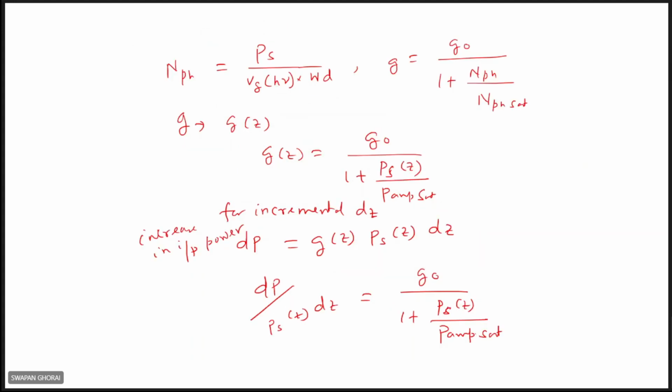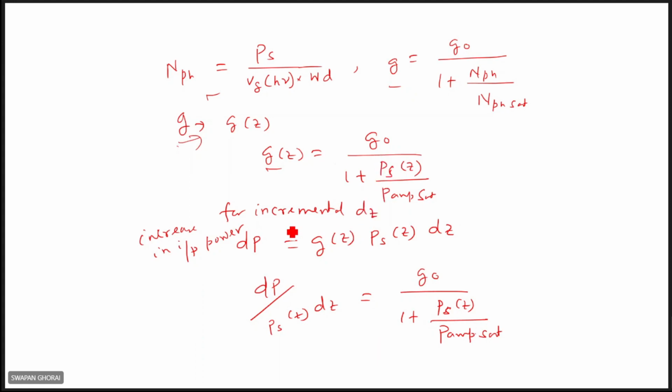I'll just show it. So N_ph we have seen last time. So G is this one, and G will be a function of Z. We just consider Z at a certain distance Z. G_Z will be this, which can be expressed from the previous relations.